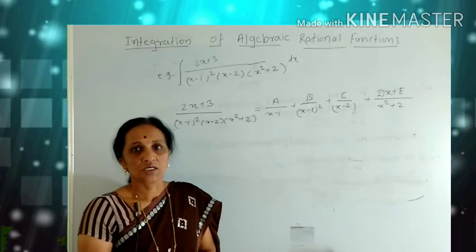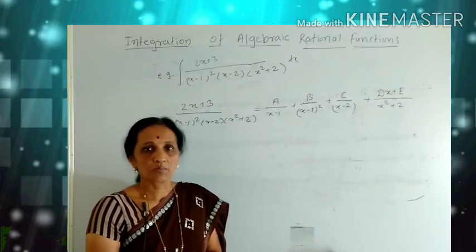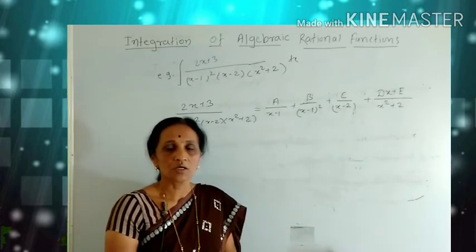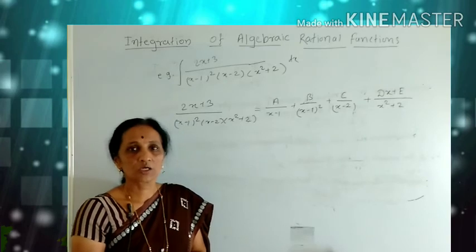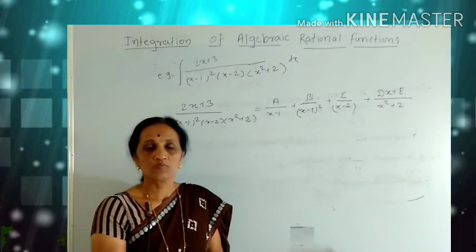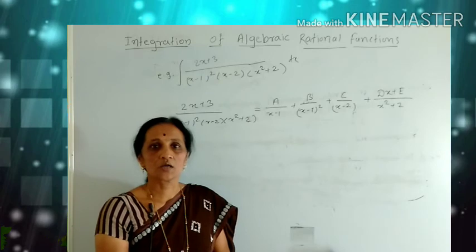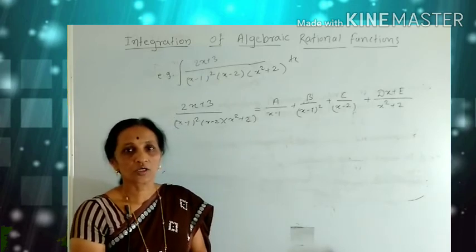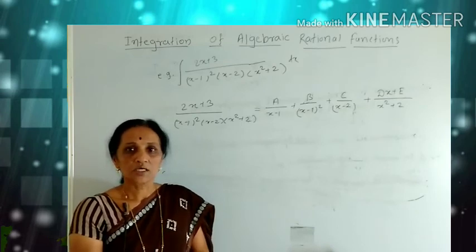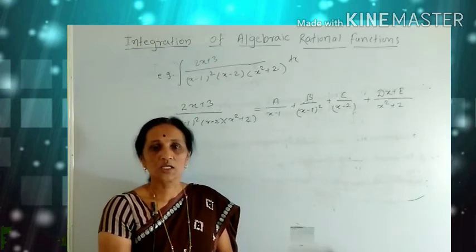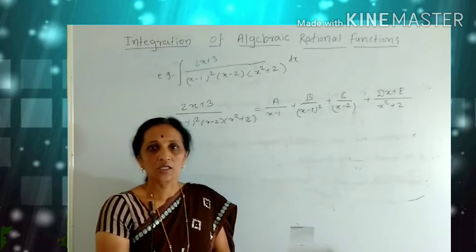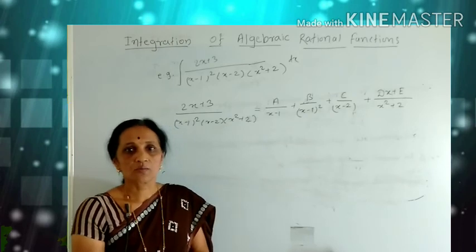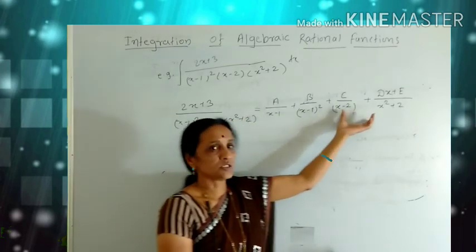We saw three types of partial fractions for the factors present in the denominator: non-repeated linear factors, repeated linear factors, and non-repeated quadratic factors in the denominator. Also we saw that if there is a combination of non-repeated linear, repeated linear and quadratic factors, we also consider the decomposition into partial fractions in this way.